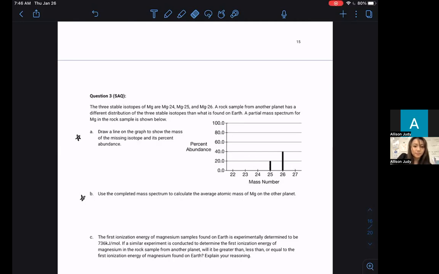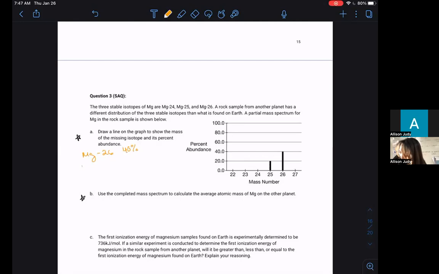Okay, so here we need to realize that we don't have a 24. We have all three stable isotopes still found on the other planet, but the current mass spectrum has only isotope 25 and isotope 26 shown. Now, we do know that there's a different relative abundance for each. So we know that the sum total of abundance of 24, 25, and 26 must equal 100. Currently, we have isotope 26 on this other planet at 40%.